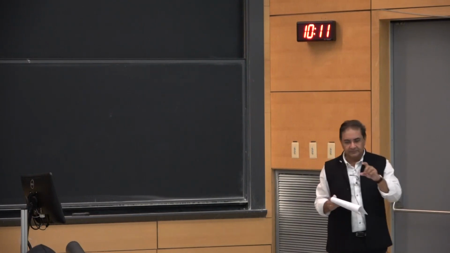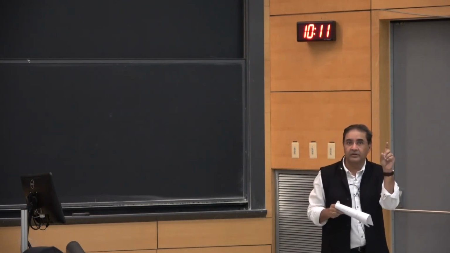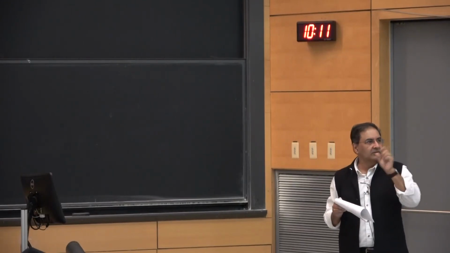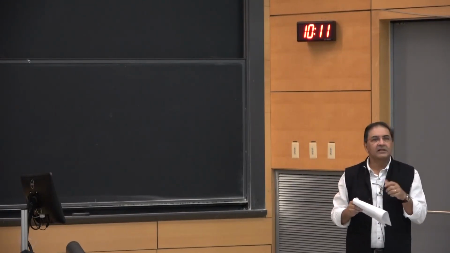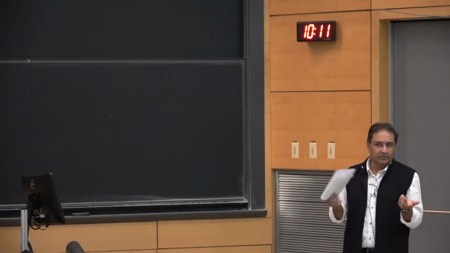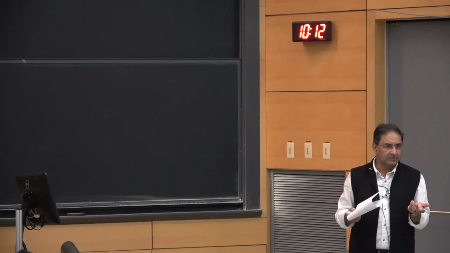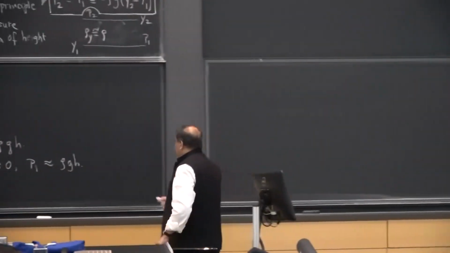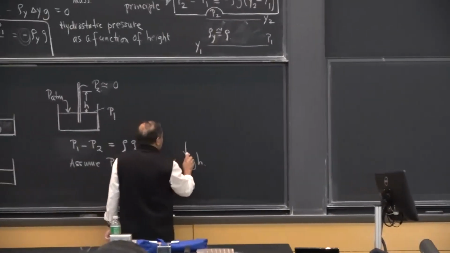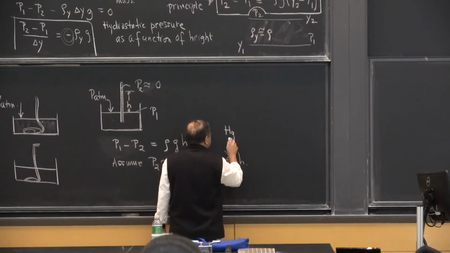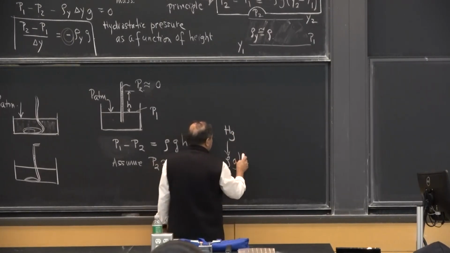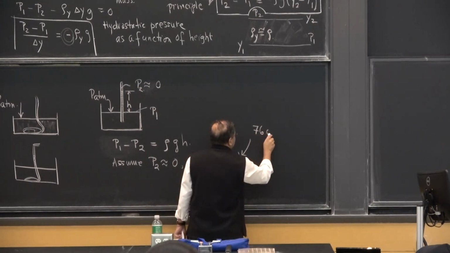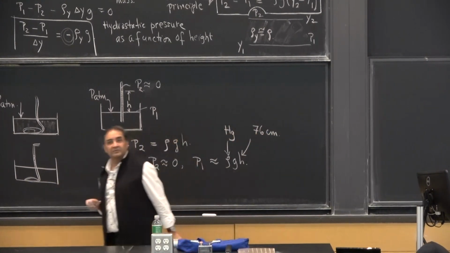If you look into the detail of how the pressure is reported during the news, you will see that the pressure is 76 centimeters of mercury. Now that shouldn't make sense because the unit of pressure is not centimeters. But what they're talking about is that the density is that of mercury, denoted by Hg. g is fixed. And the height attained by the mercury column is 76 centimeters. That's what they're talking about.